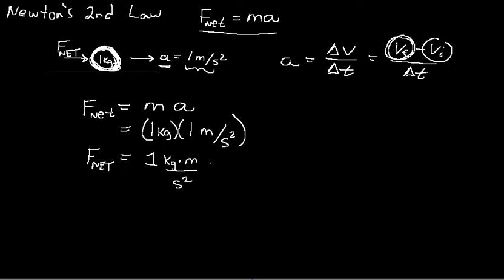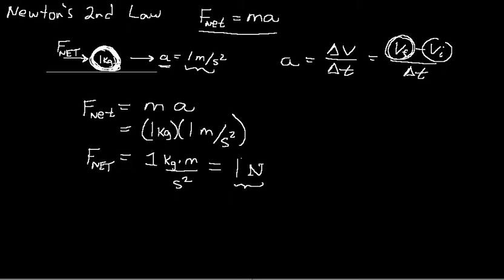And this, by definition, is 1 Newton of force. Remember, we talked about the Newton way back when, and we said Newton was a unit of force. At that time, I didn't tell you what the units were or what it really meant. But according to Newton's second law of motion, we calculated that the Newton of force is the quantity of force required to accelerate a 1 kilogram mass with an acceleration of 1 meter per second squared.